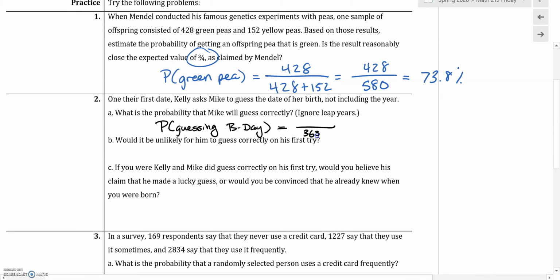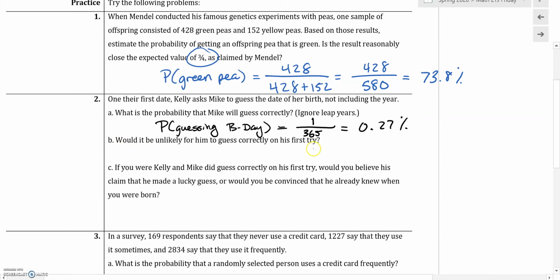There's 365 days in a year, so that would be the number of outcomes that I could possibly select, that many different days, and only one of those days is Kelly's birthday. So 1 out of 365 would be the probability of guessing someone's birthday just on the date, which, if you put it in a percent, is 0.27%.